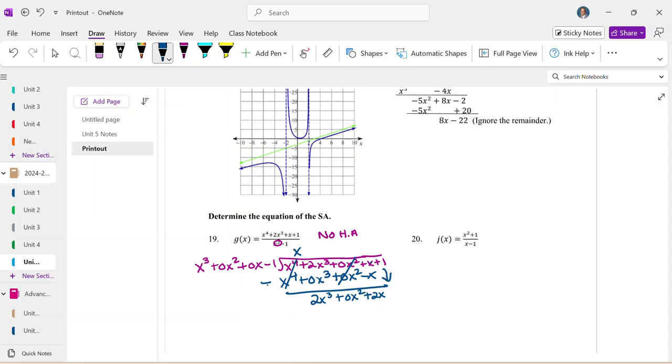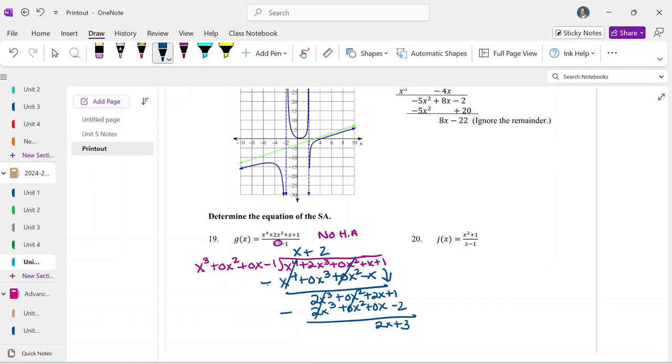Then we're going to bring down the 1, and we're going to do the same thing. Now x to the 3rd times 2 gives you 2x to the 3rd. And then this will be minus 2. So then you're going to subtract: 2 minus 0, 2x, and then plus 3.